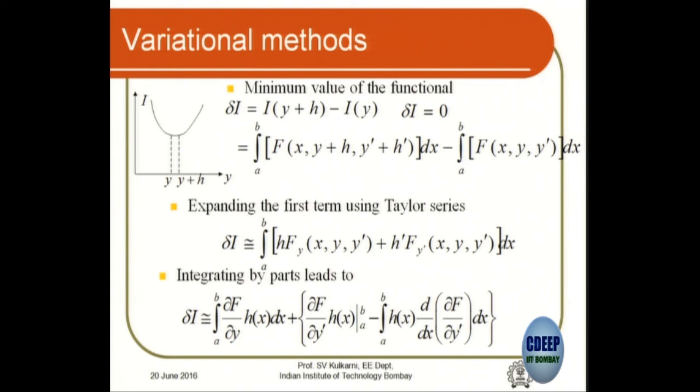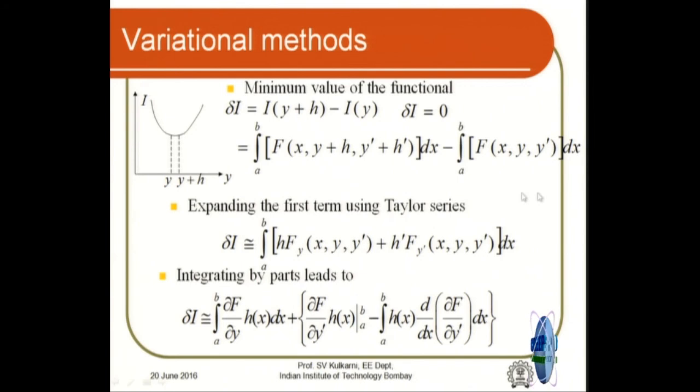Actually you just take the first term and use the Taylor series. The Taylor series is f(x+h) equal to f(x) plus h f'(x), is it not? And that h f'(x) is the first Taylor series term. When you expand this first term, it is going to get cancelled with this term here.